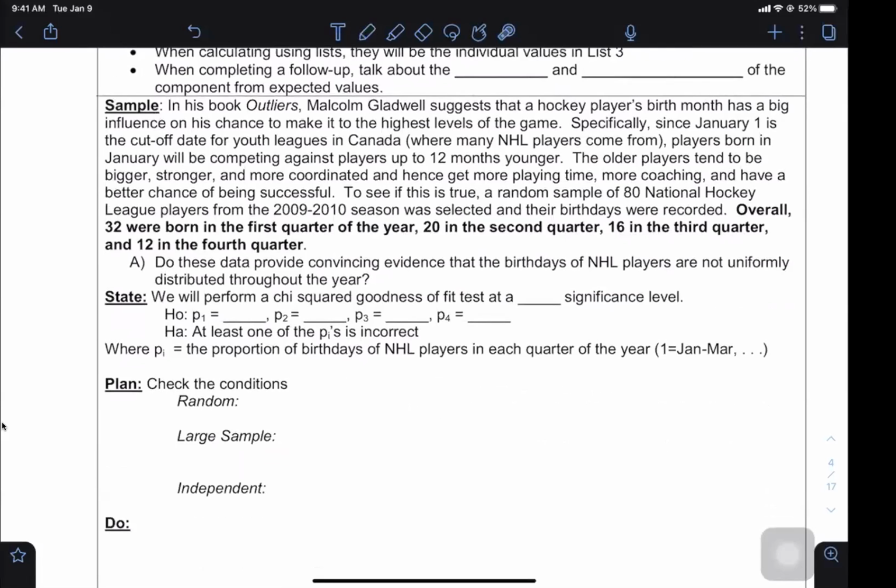So what should we put in our H0 then? If the problem is not giving you anything, you just equally divide that. So the entire distribution is always 100% and then divided by 4 categories, which makes each one worth 25%. And also if they don't mention the significance level, then we just use 5%.